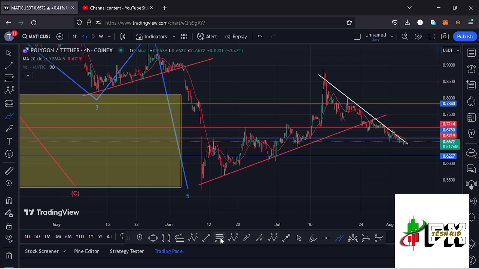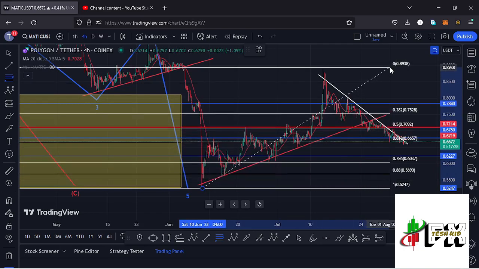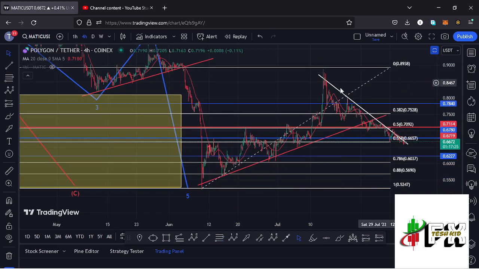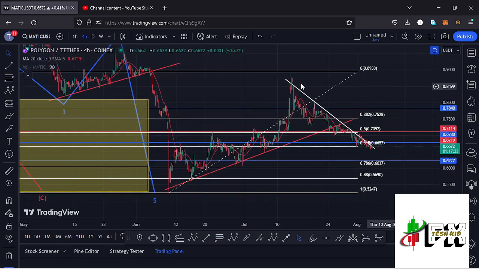And using the Fibonacci's, connecting the Fibonacci's from the low that we made on the 10th of June at around the $0.52 mark to that high at around the $0.89 mark, we get a minimum retracement area for this movement that we have been seeing here on the charts between the fib level 0.5 and the fib level 0.618, which is the golden ratio.